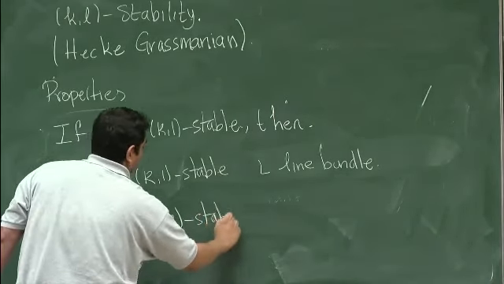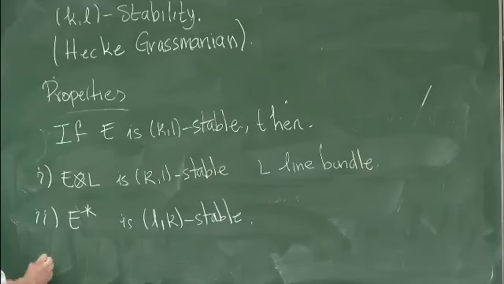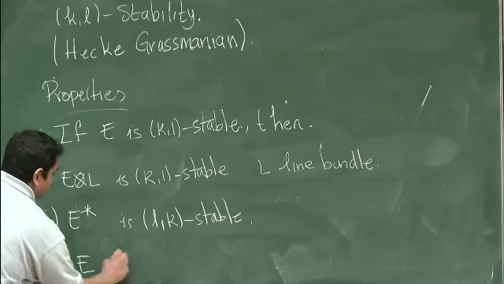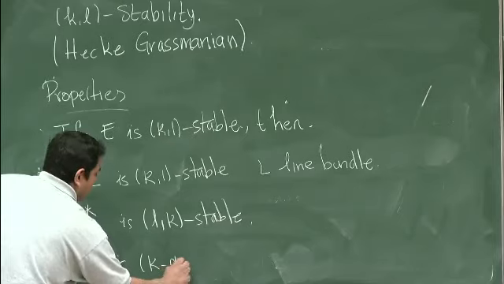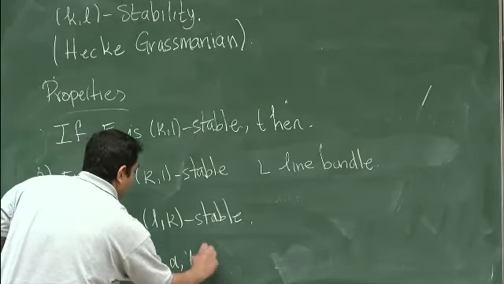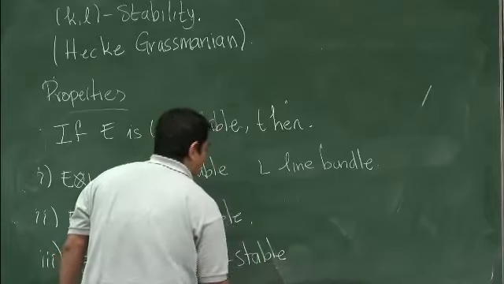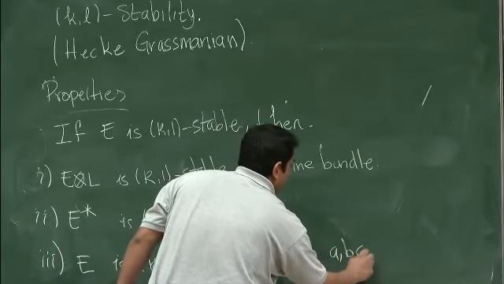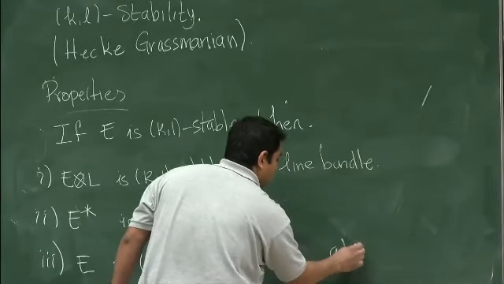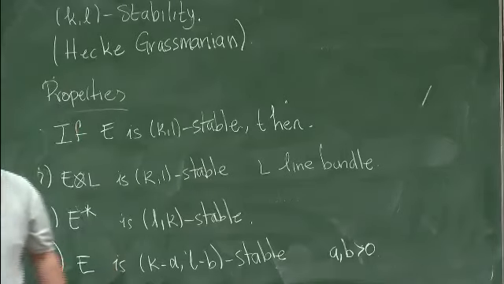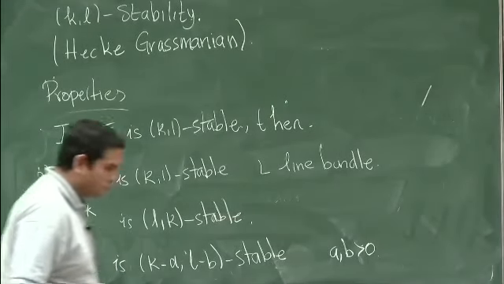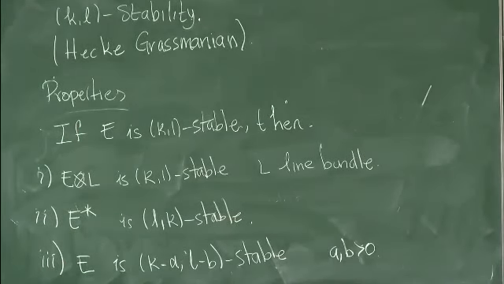Here the integers switch. And the third is that E is (k minus a, l minus b) stable, where a and b are positive integers. Then these properties follow directly from the definition.